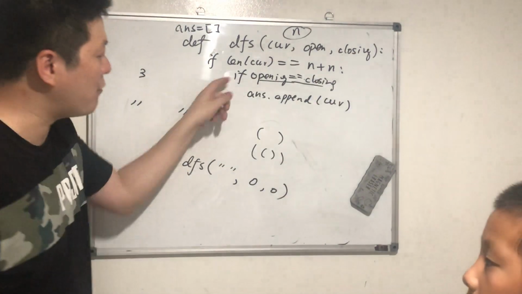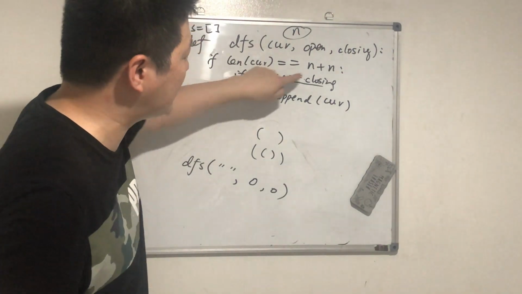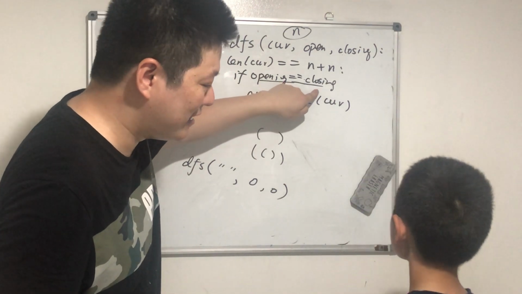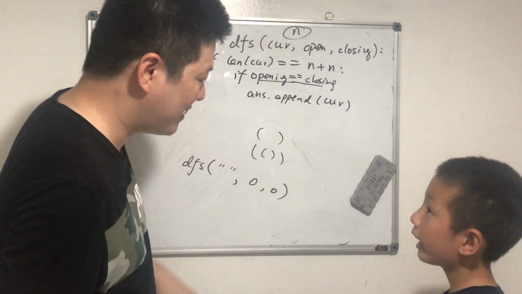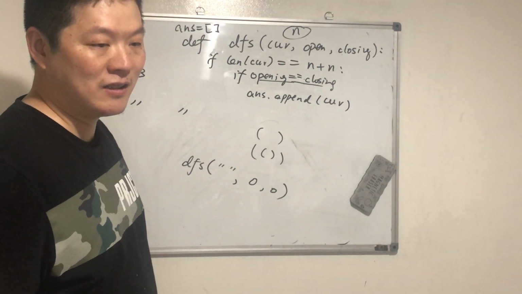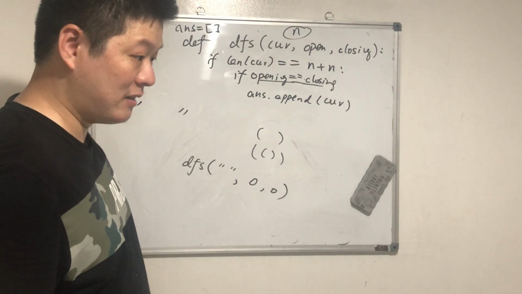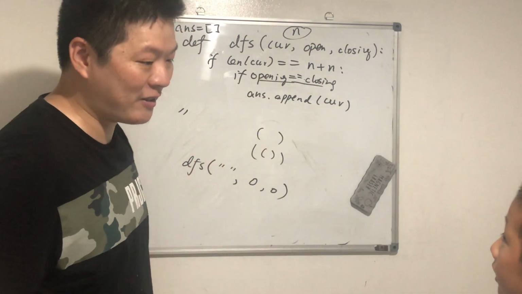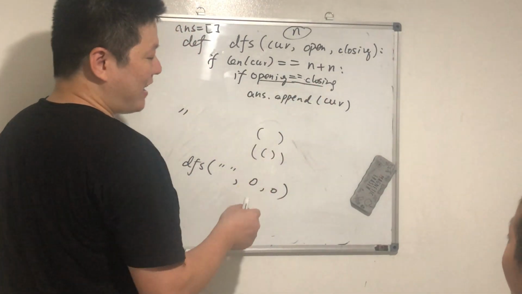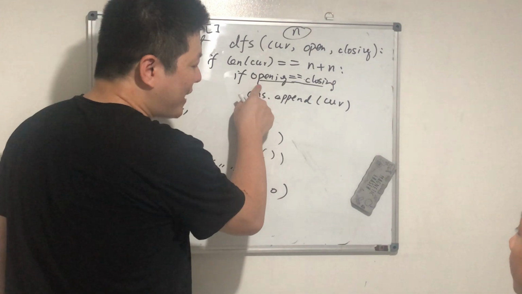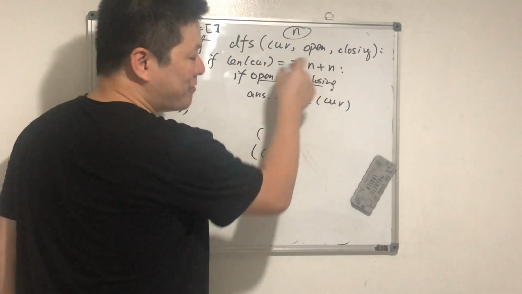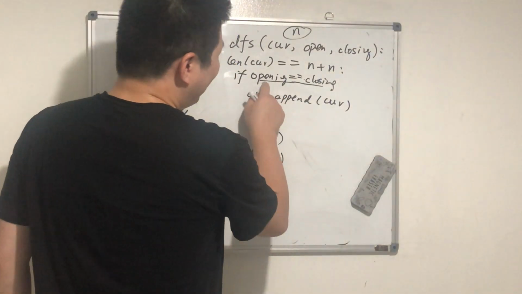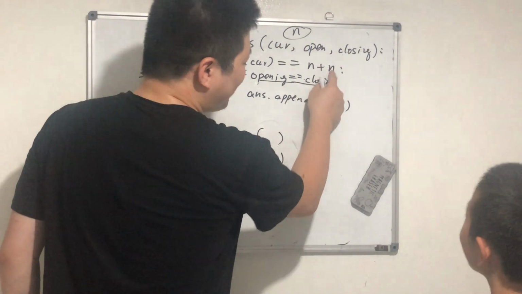Another way of doing this is if opening equals n and closing equals n, right?